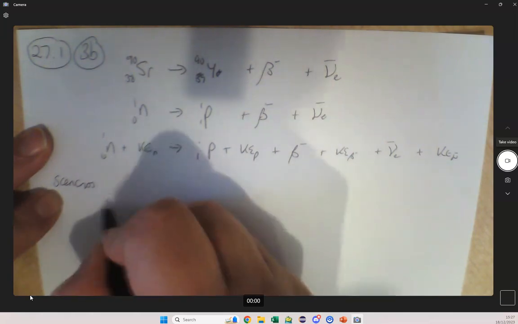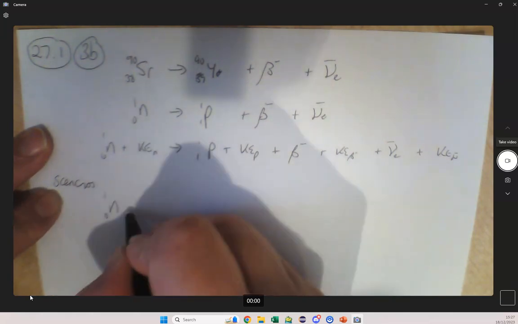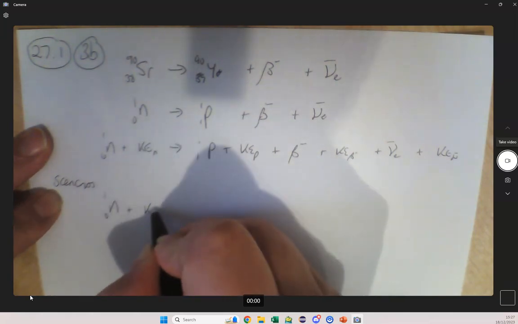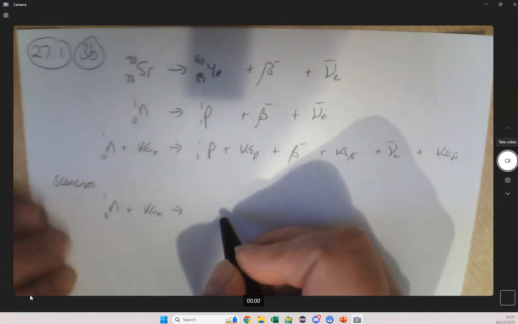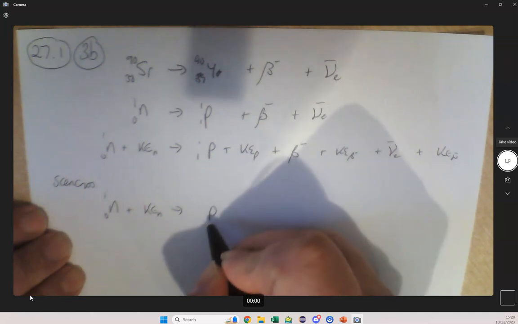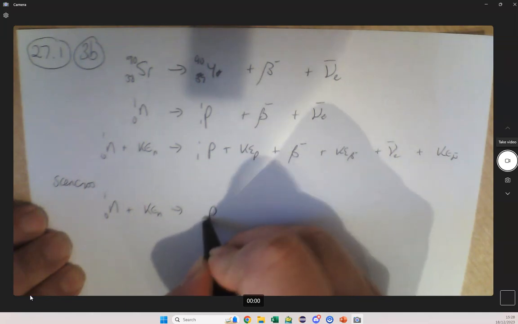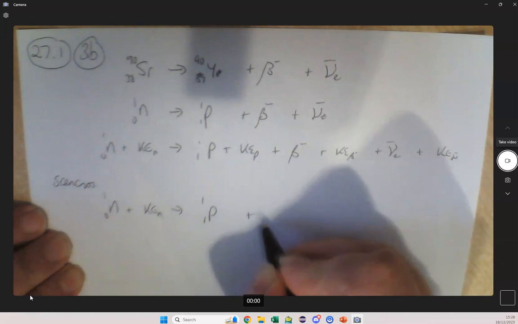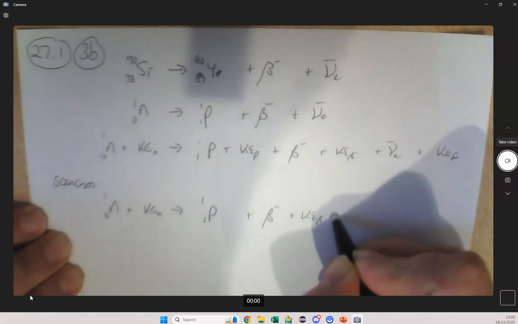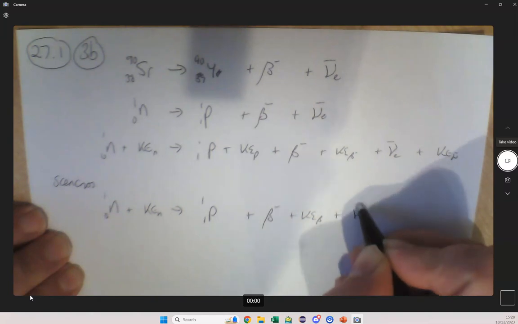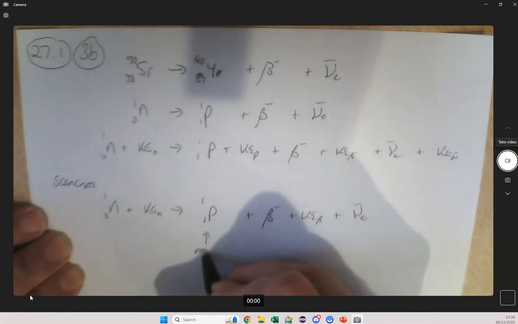What we're going to say is, there's a scenario whereby the neutron and any kinetic energy that neutron actually has, what it's going to end up doing is just putting all of that into the proton. So you've got the proton, the beta minus, plus the kinetic energy of the beta particle, plus the anti-electron neutrino. So these are effectively just the rest energy.